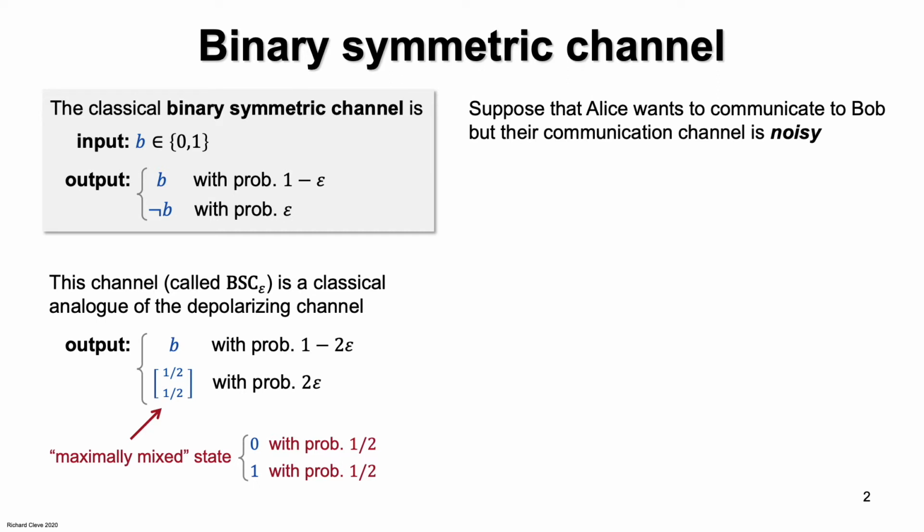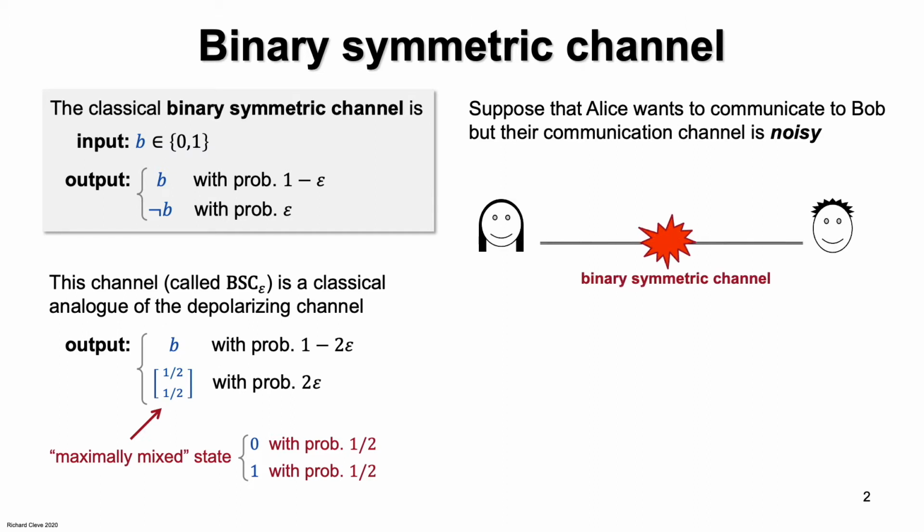Now suppose that Alice wants to communicate a bit to Bob, and their communication channel is a binary symmetric channel. That is, it flips the bit with probability epsilon. So, with probability epsilon, Bob receives the wrong bit.